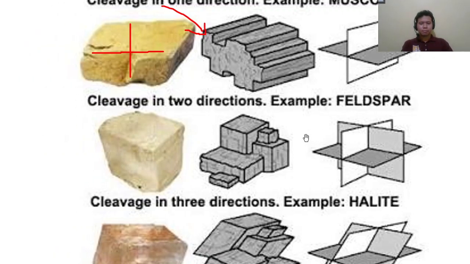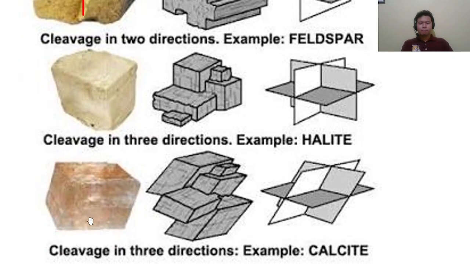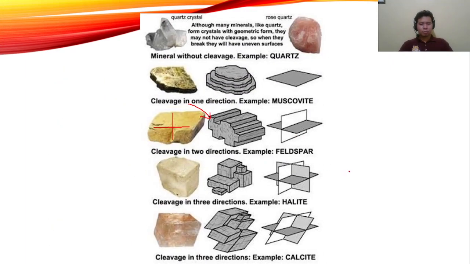We also have cleavage in three directions, but its angle is different. As you have noticed here, the breakage of halite is more on a 90-degree angle, but for calcite, it is more on an acute angle.